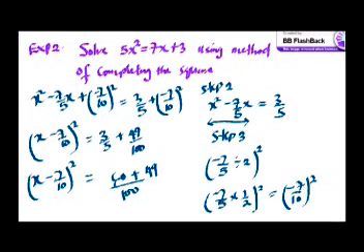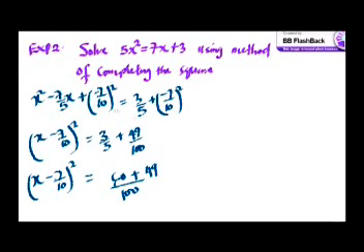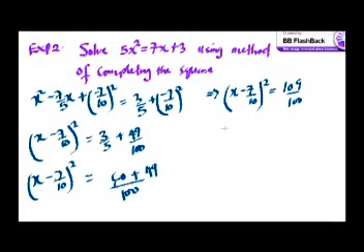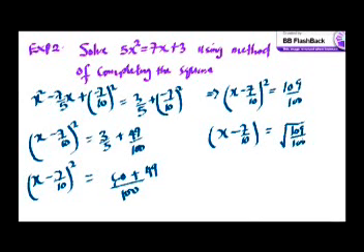We'll take this out again. So finally this becomes x minus 7 over 10 all square is equal to 109 over 100. Now if I take square across equal to, it will become x minus 7 over 10 is equal to square root of 109 over 100.